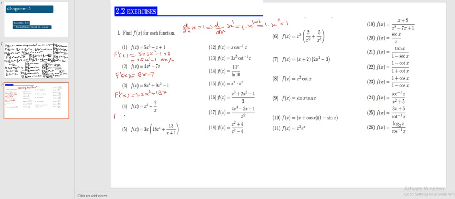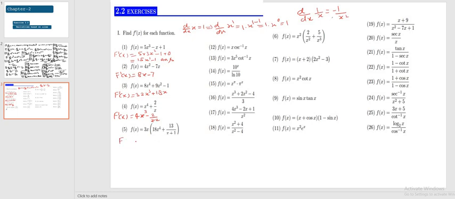Now for question 4, f dash x is 4 x power 3 and that one is minus 2 divided by x square. Why? Because I told you d/dx of 1 by x we can write directly as minus 1 divided by x square. So plus, minus minus. Now, before starting, what is the derivative of this one?